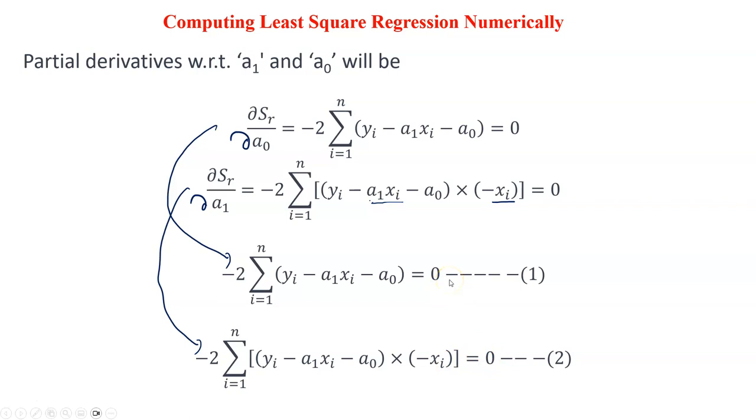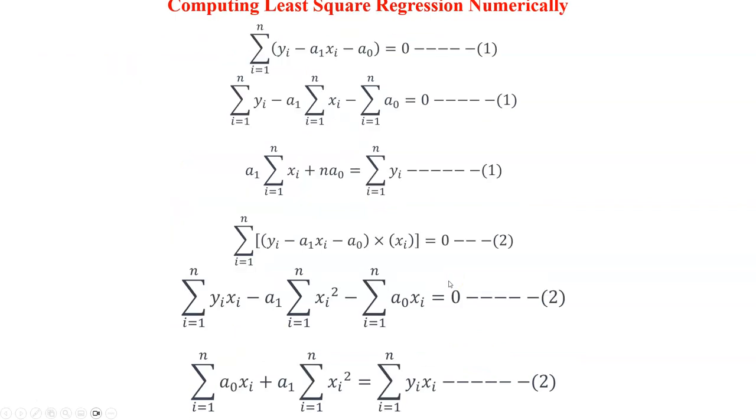Now from equation 1, if we reorganize, ultimately we get summation of I equal to 1 to n of YI, then A1 comes out with summation of I equal to 1 to n of xi, and then minus summation of I equal to 1 to n of A0, equal to 0.